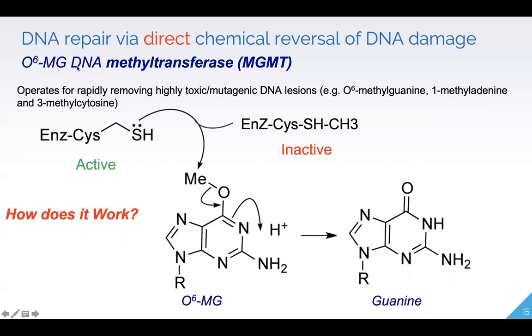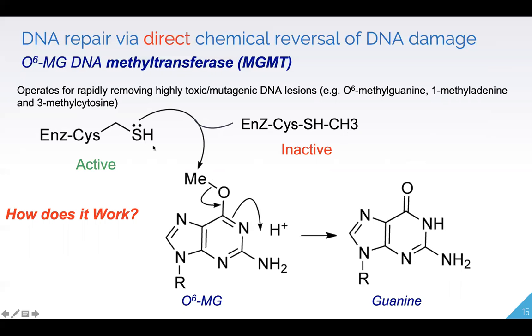O6-methylguanine DNA methyltransferase. If you just dissect the name of that enzyme, it recognizes O6-methylguanine, and its job is to methyltransfer, right? It transfers the methyl group from the substrate, the damaged base, onto itself. It does that by having a particular cysteine residue with a sulfhydryl group that can accept that methyl group.